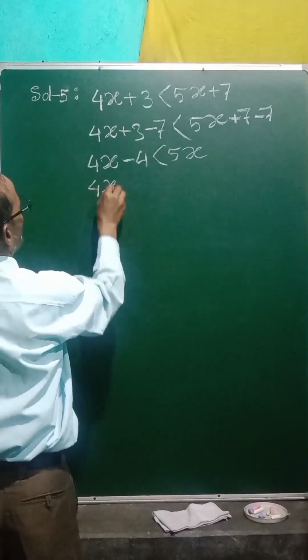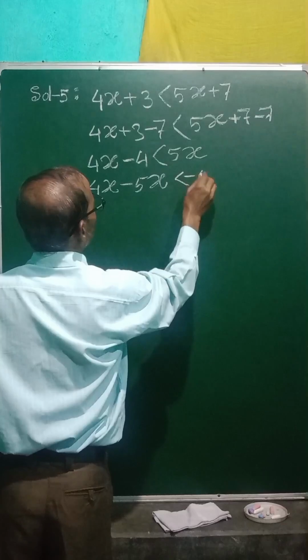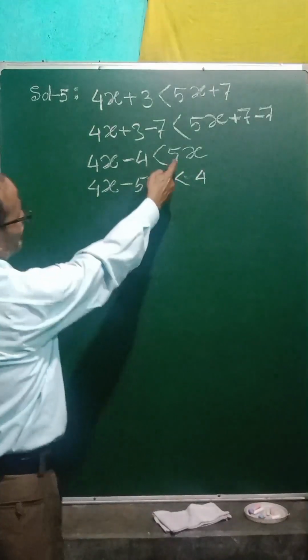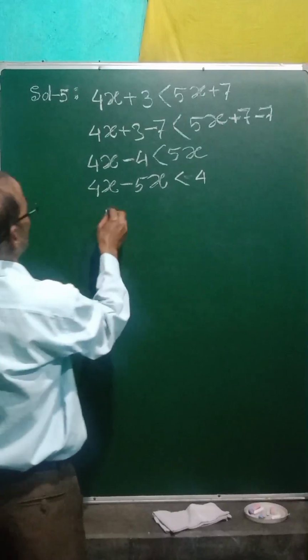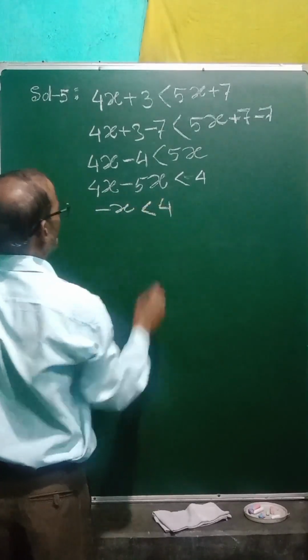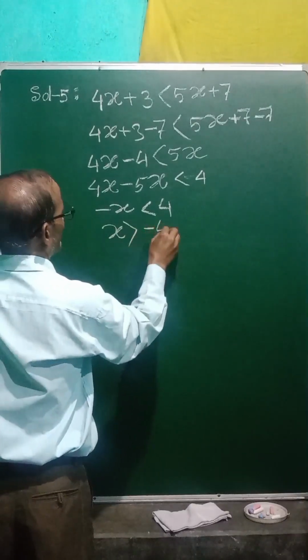Then 4x minus 5x less than plus 4. I am writing at a time, adding plus 4 on both the sides and bringing this 5x to this side. So minus x less than 4. Now changing the sign, x greater than minus 4.